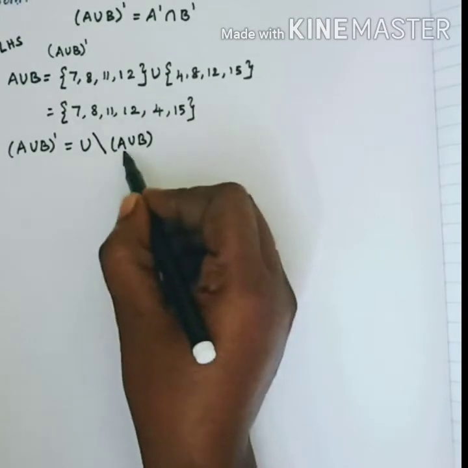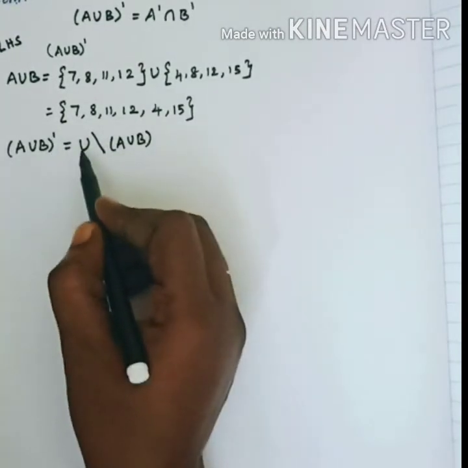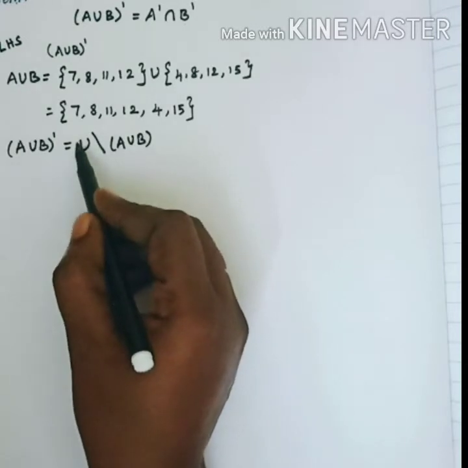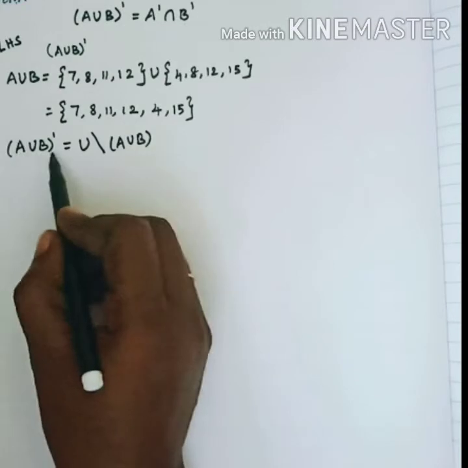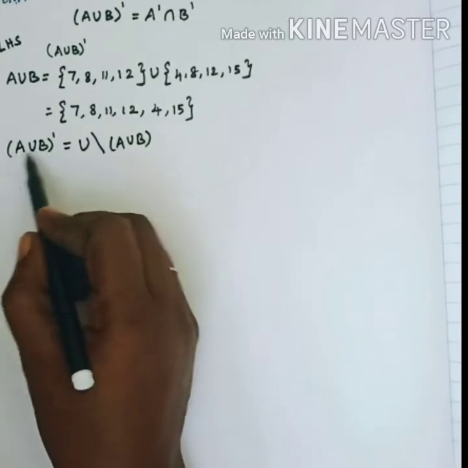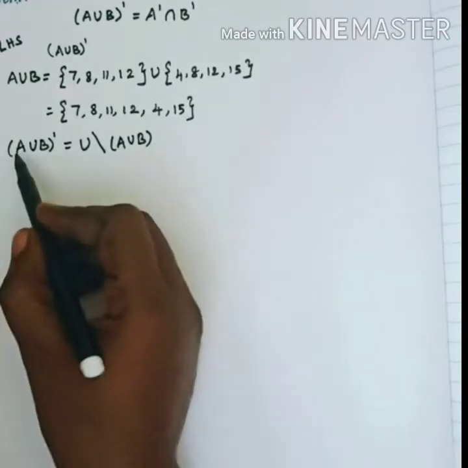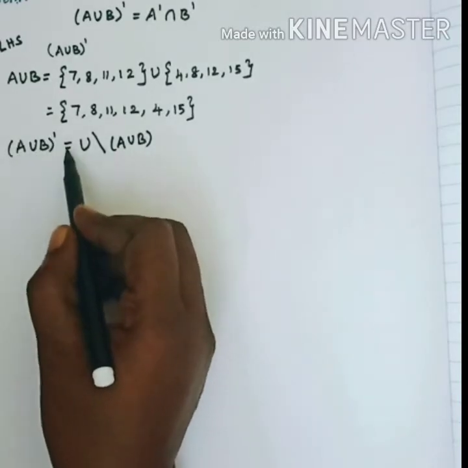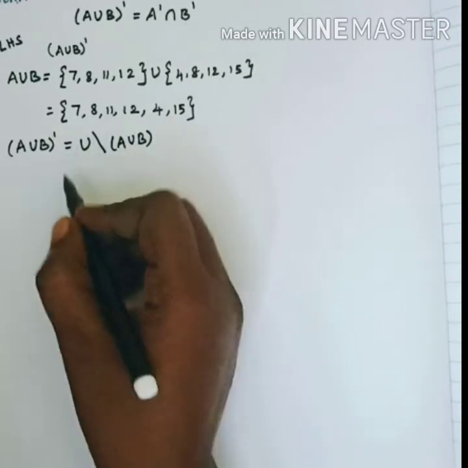So whenever this dash comes, you have to use U, the universal set, U slash, write the bracket, and inside the bracket write A union B. So (A union B) dash is equal to U slash A union B.